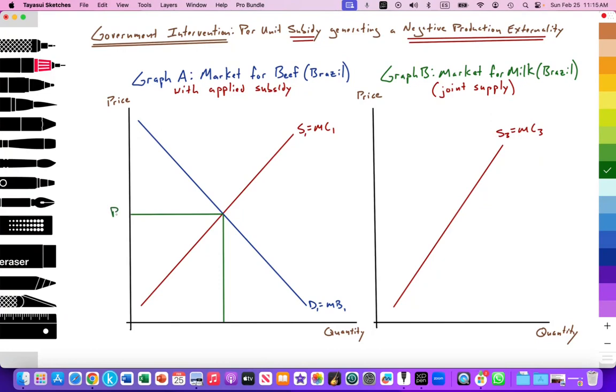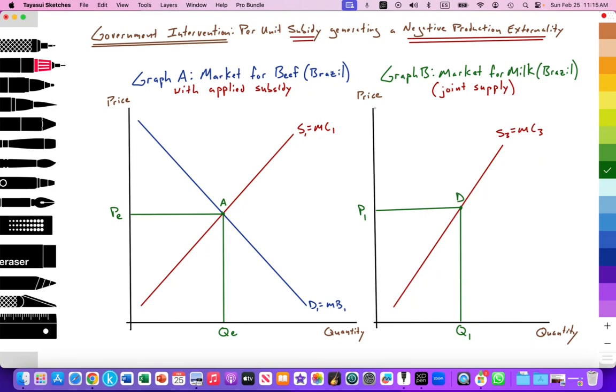Here we have price equilibrium, quantity equilibrium. I'll call this point A. And then similarly, I'll just establish a comparable price for milk and its quantity. Okay. I'll label this just P1 and quantity of Q1. This will be, maybe I'll label this point D for now.